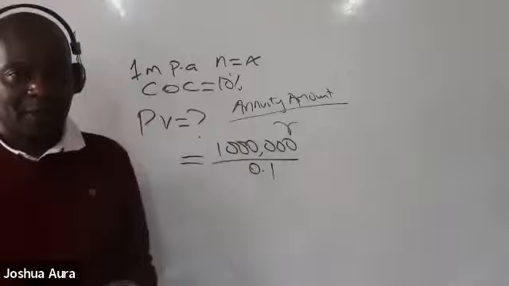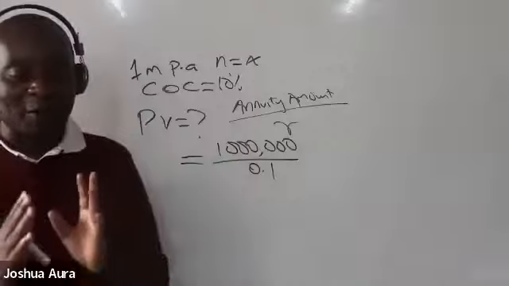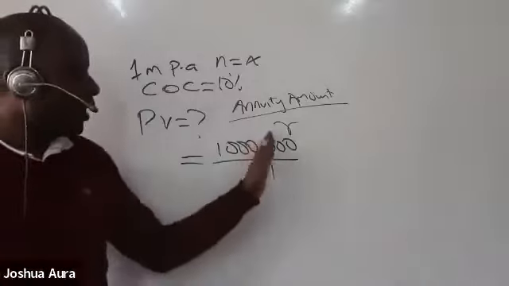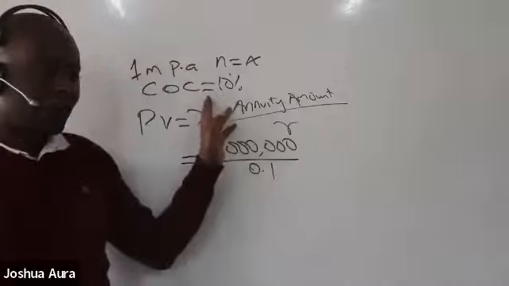You don't have to use a calculator there. 10 million. Thank you so much. So anytime you hear of the word perpetuity, it means the amount over R, where R is the required return, where R is the cost of capital.